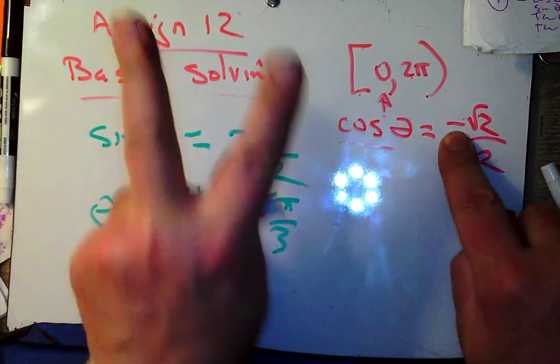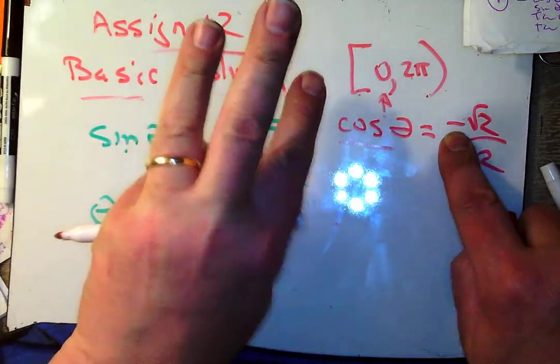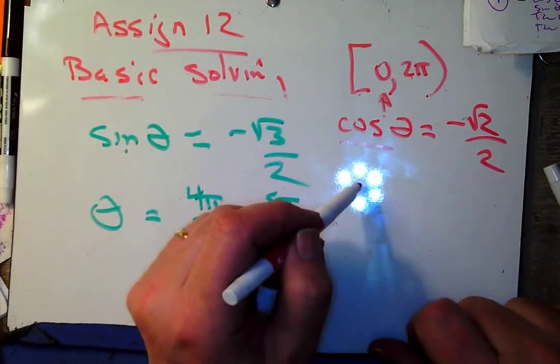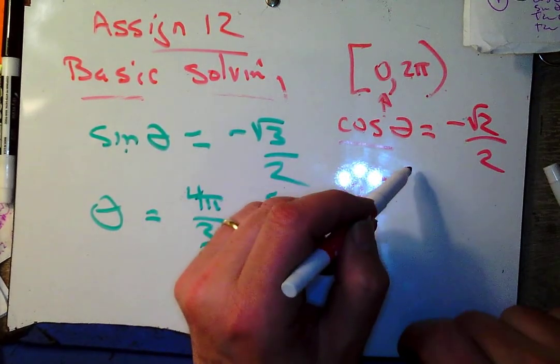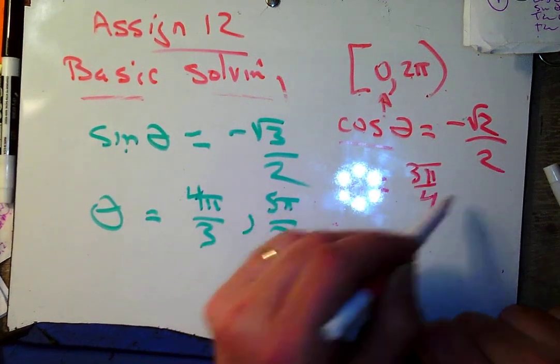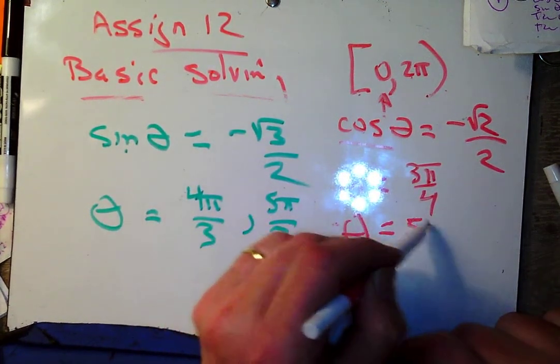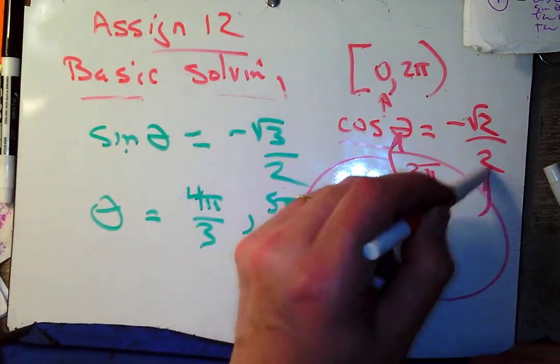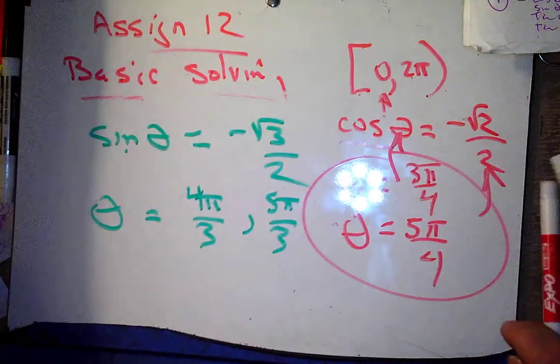Cosine is negative in second quadrant and third quadrant. So where is the x value -√2 over 2? That happens when theta is 3 pi over 4 and when theta is 5 pi over 4. These are the two places where cosine would be -√2 over 2.